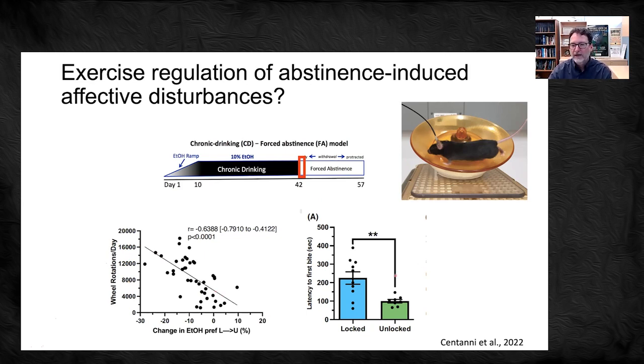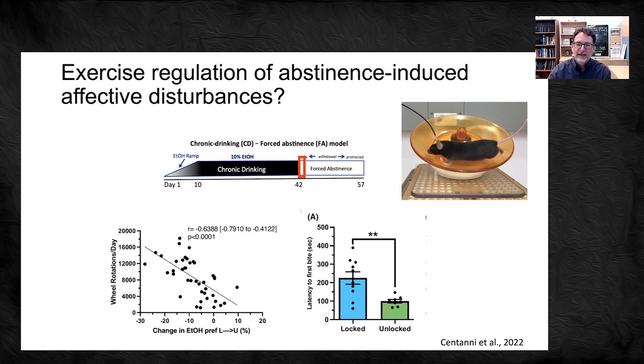And then here are data in which animals that went through CDFA were given exercise wheels in one of two ways. One, a locked wheel to serve as a control for the novelty of just having the exercise wheel device in the cage, and the other, an unlocked wheel where the animal can actually engage in exercise.